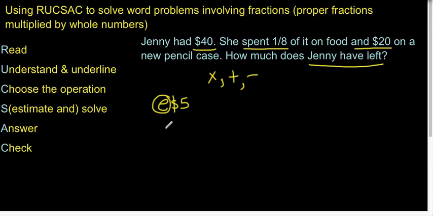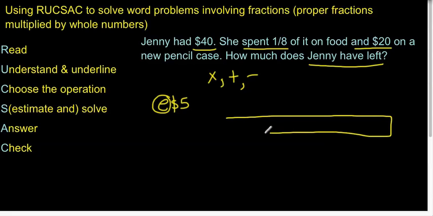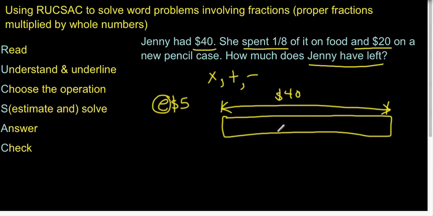As you know, I'm a big fan of the chocolate bar pictures, so we're going to draw our chocolate bar. And that's going to represent Jenny's $40. So if we draw a little arrow there and there, that is Jenny's $40. We need to make sure that we've cut it up into 8 pieces because we're looking at this 1/8. So we need to cut this up into 8 pieces.